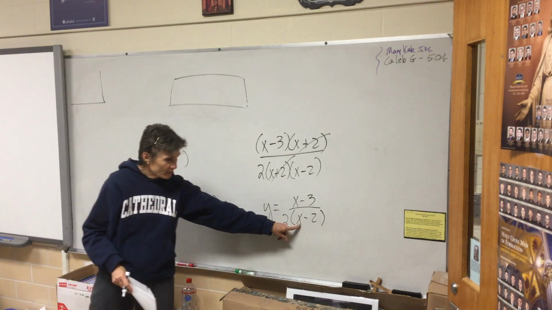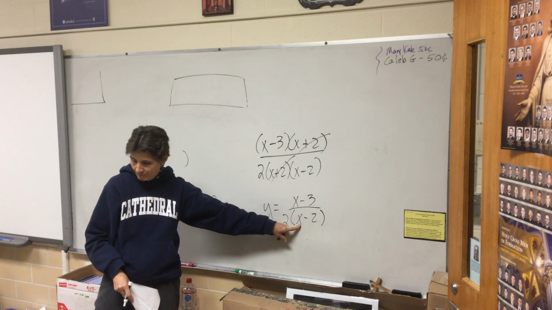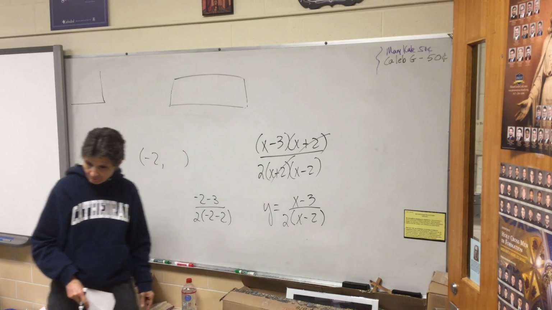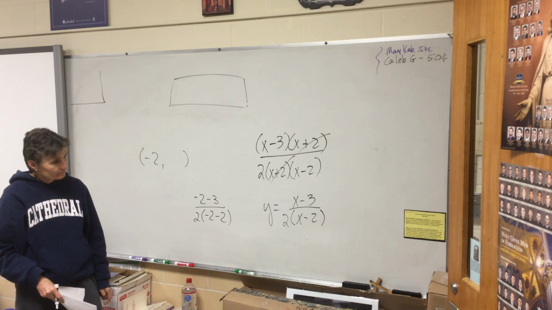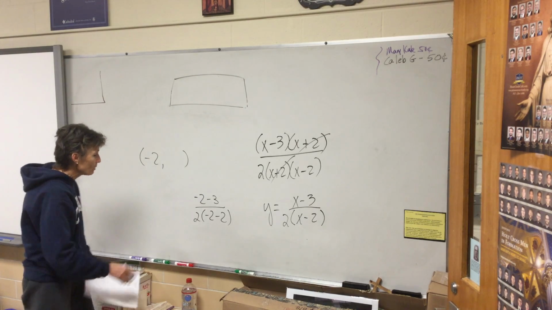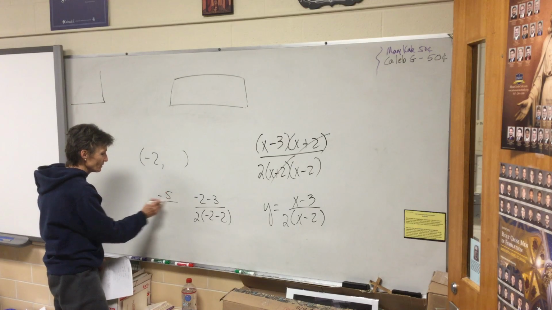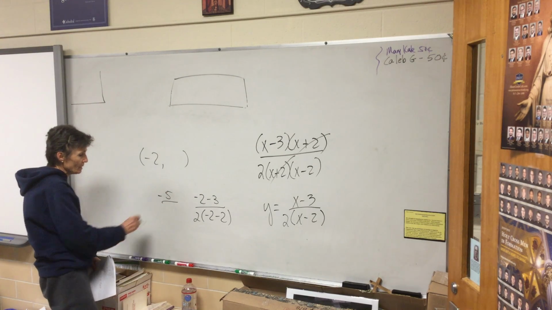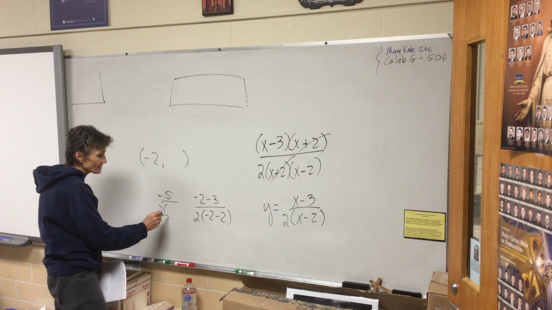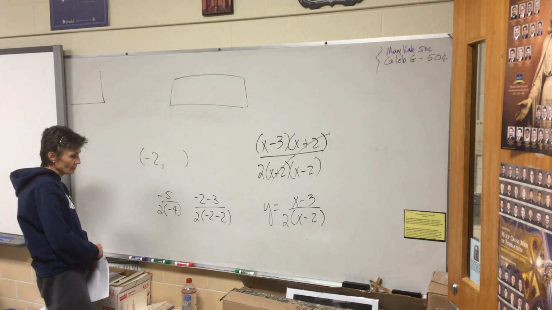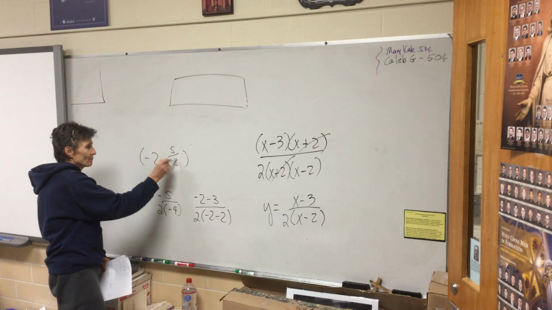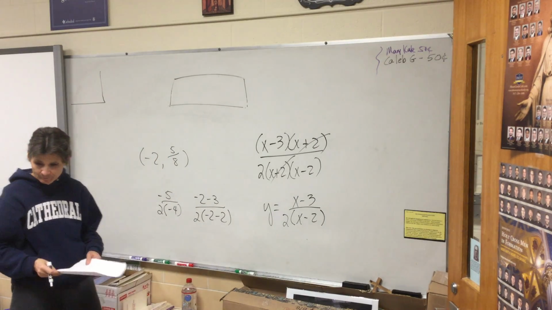Did you put a negative 3 right here? I put a 3 in, so that's why I got 10. Anyhow, we should have gotten negative 5 on the top and 2 times negative 4 on the bottom. So that's negative 5 over 8. Yeah.